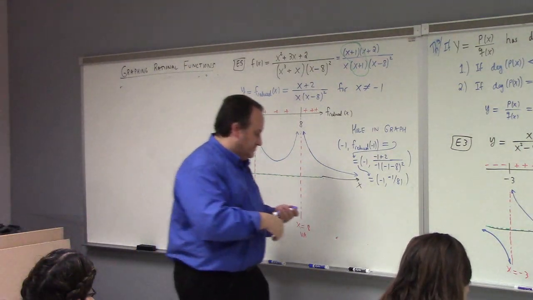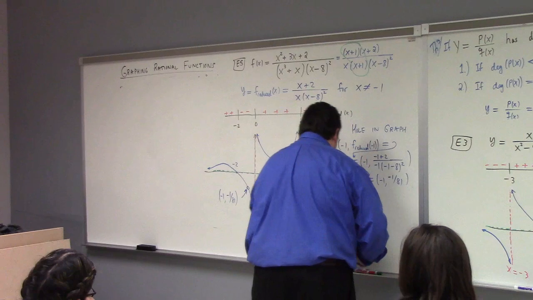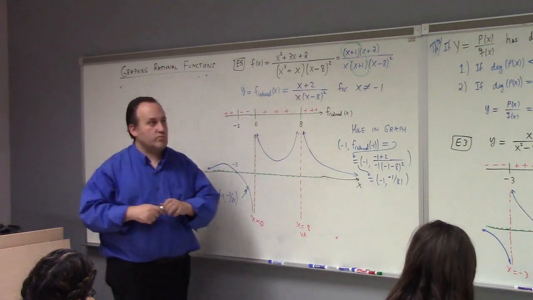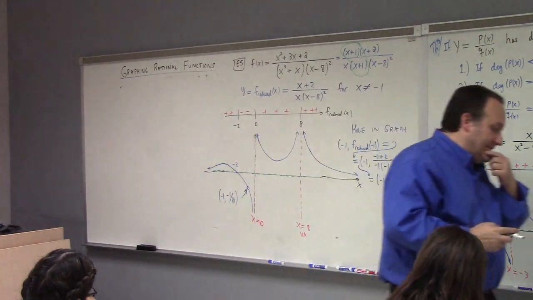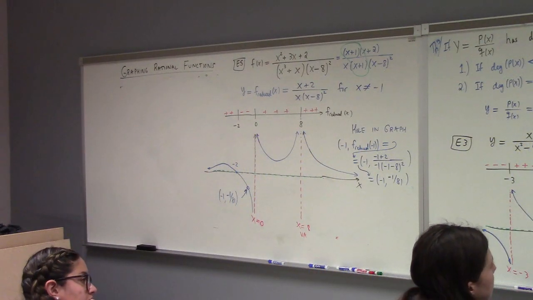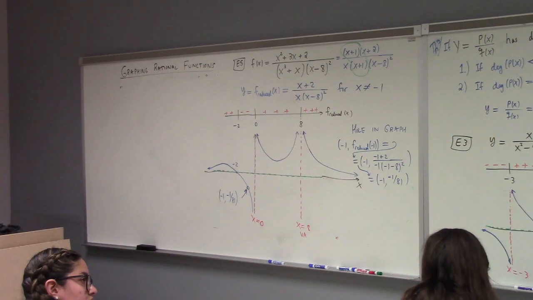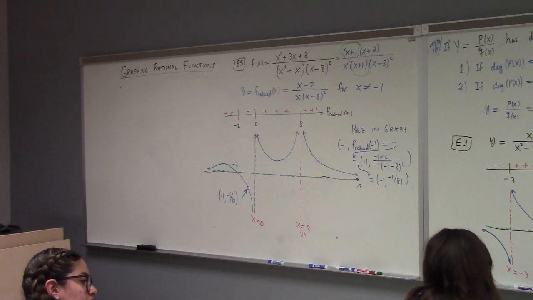Another one I should give you guys today is something like this. Y equals x minus 1 squared over x squared minus 1.